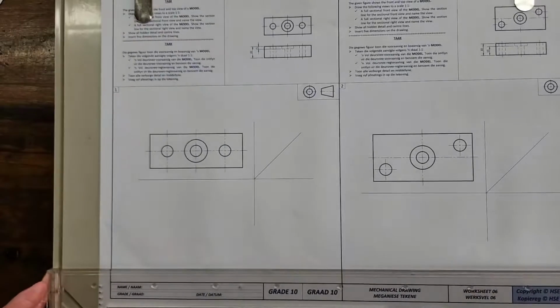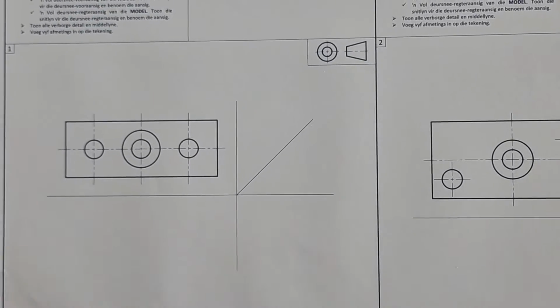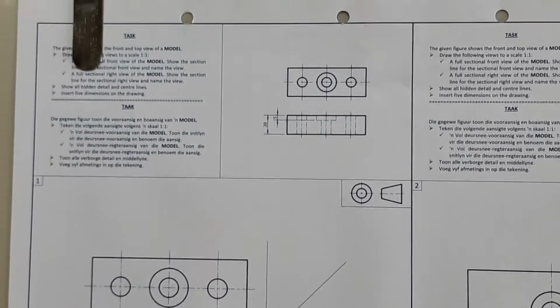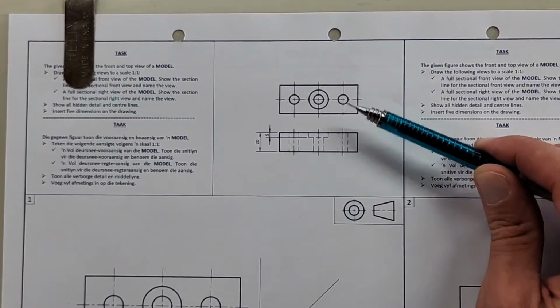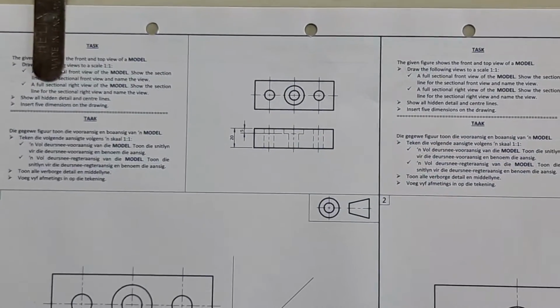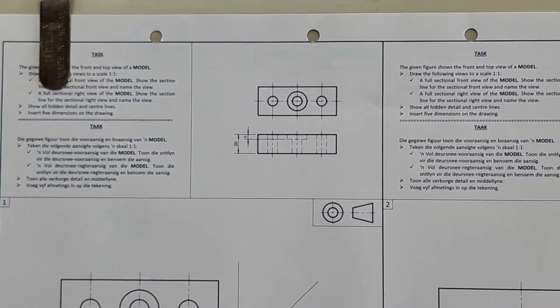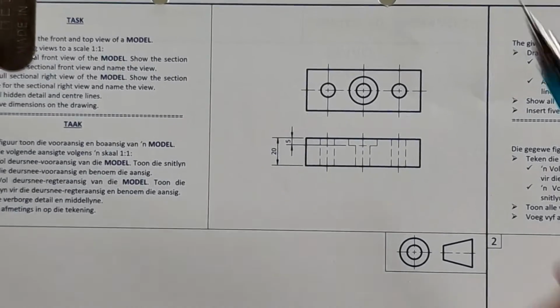All right, we're at page 66 in the HSE workbook. I'm just going to zoom in here on the left-hand side. And they have given us now, again, two views of a model, a top view and a front view. Now we've learned up to this stage that hidden detail is of course important.